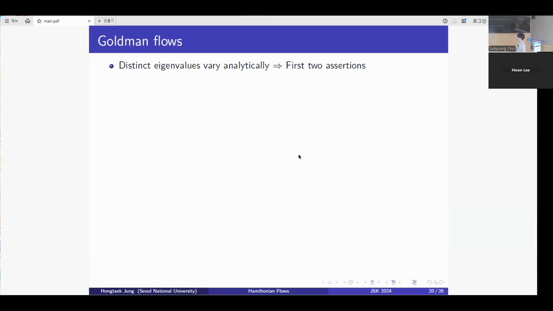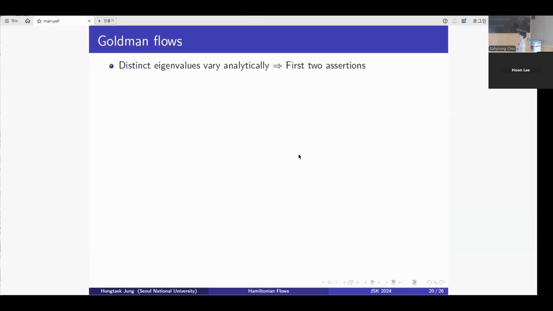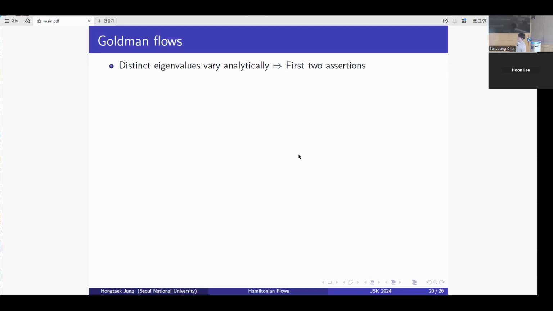Okay. The first two facts come from the fact that distinct eigenvalues vary analytically. This is a classically known fact. Because our group G is an abstract object, not just PSL(n,R) or something, this is not actually a proof, but the actual proof is almost the same as this.